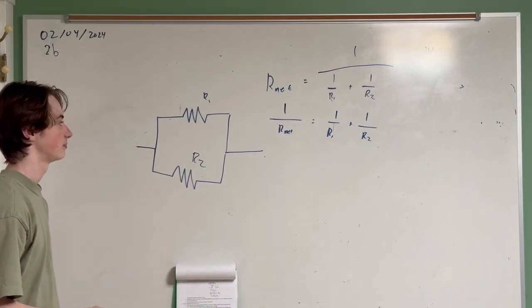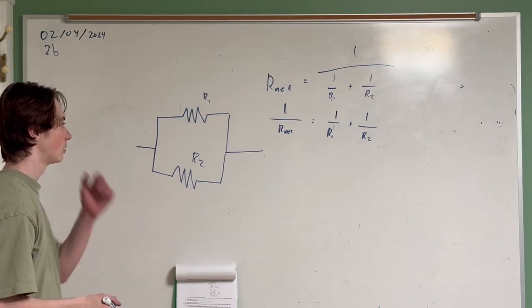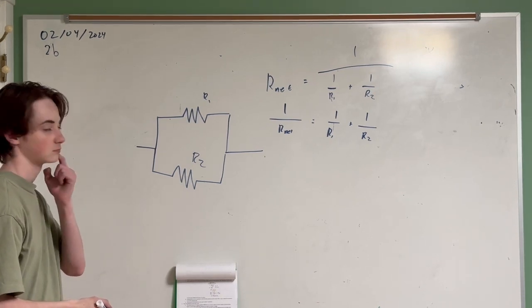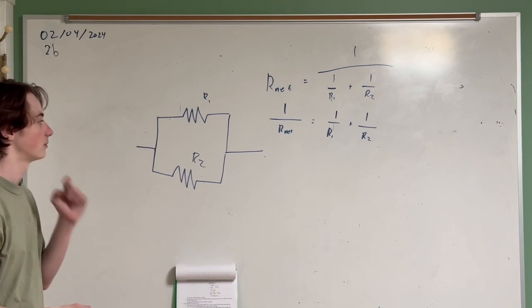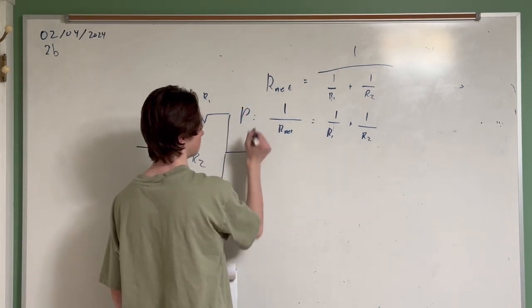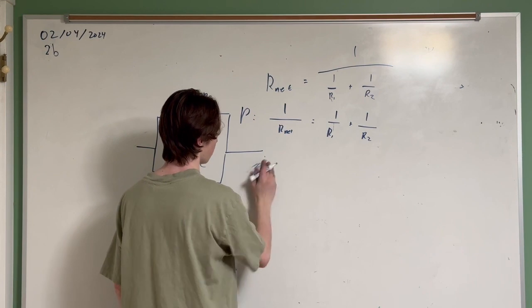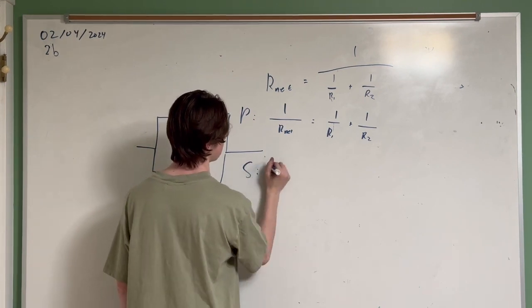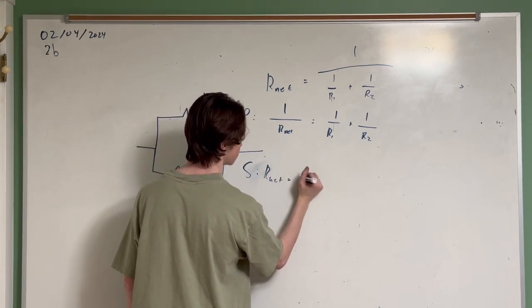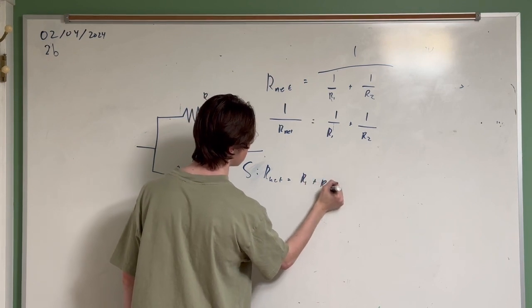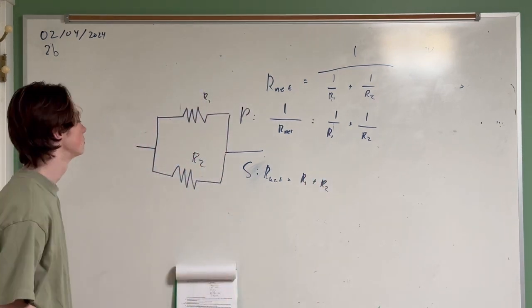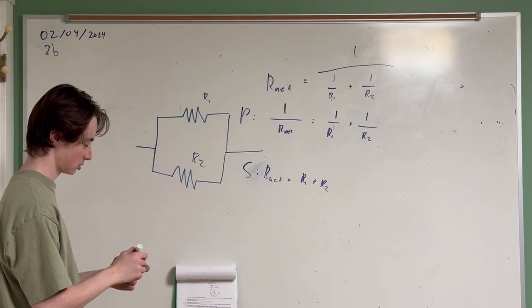That's kind of weird, but that's just the way it is. You can derive that. In series, it's just R net equals R1 plus R2. So make sure you're using the right one, series or parallel.